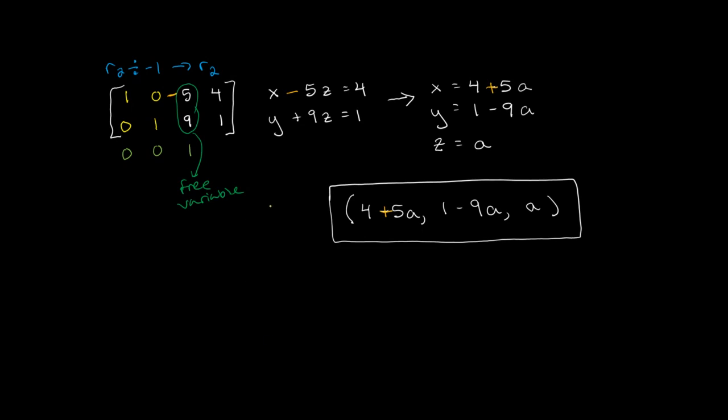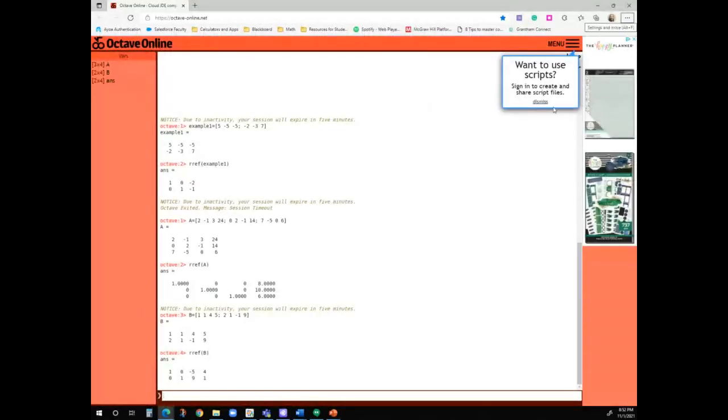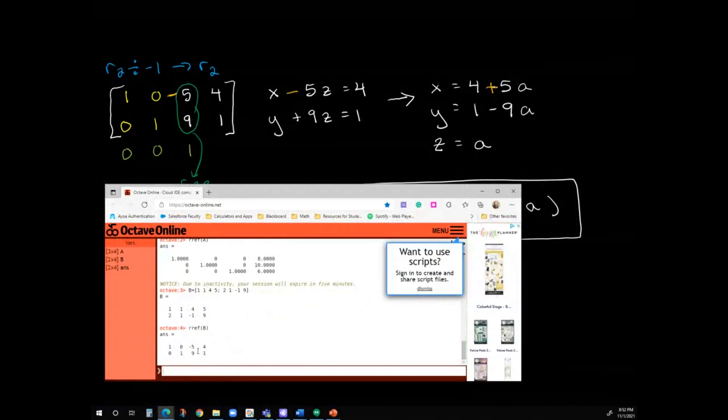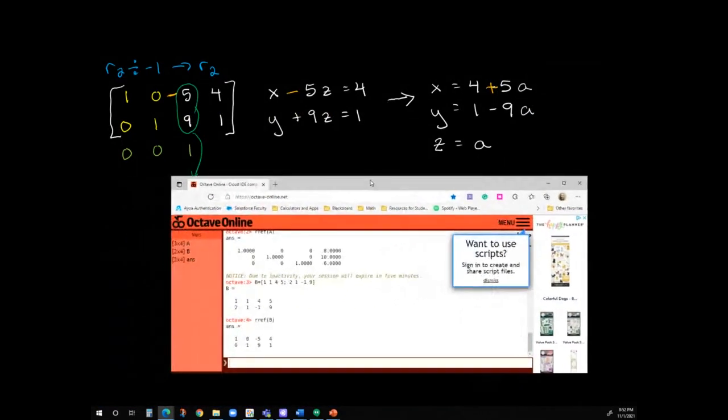So now let's double check our final: 1, 0, negative 5, 4, 9, 1. You can see that the row reduction left it in this form: as soon as it got a diagonal with zeros above it, it just stopped, because if I try to get zeros here, then I start adding numbers in these other places where there are zeros, and it just gets messy. So this is as far as we go.